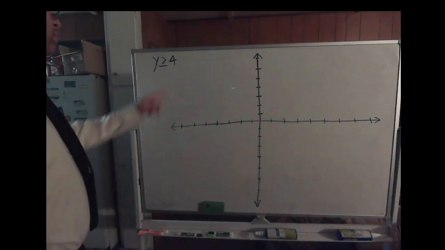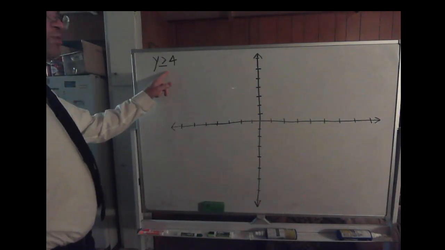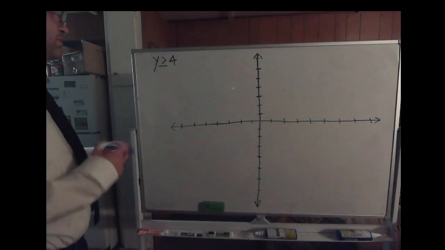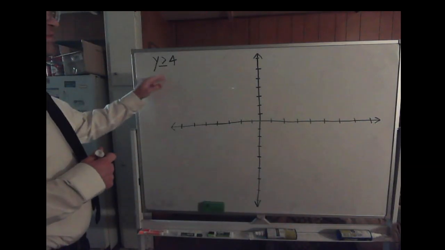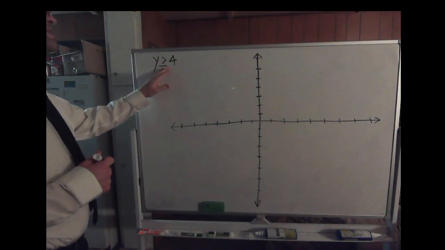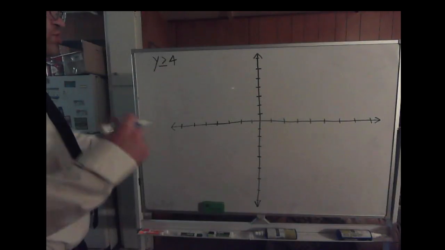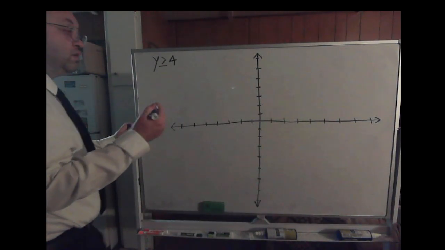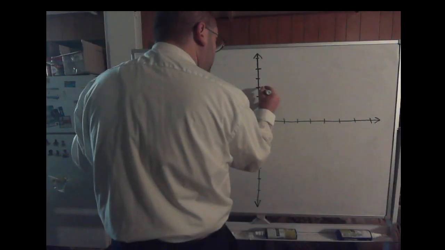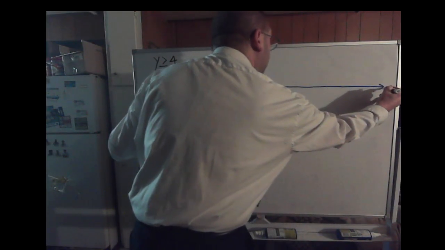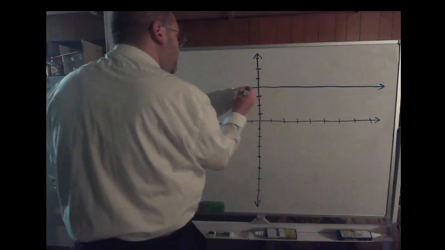Here we have y is greater than or equal to 4. If it's greater than or equal to or less than or equal to, if it has the equal component, you start by drawing a solid line through y equals 4.